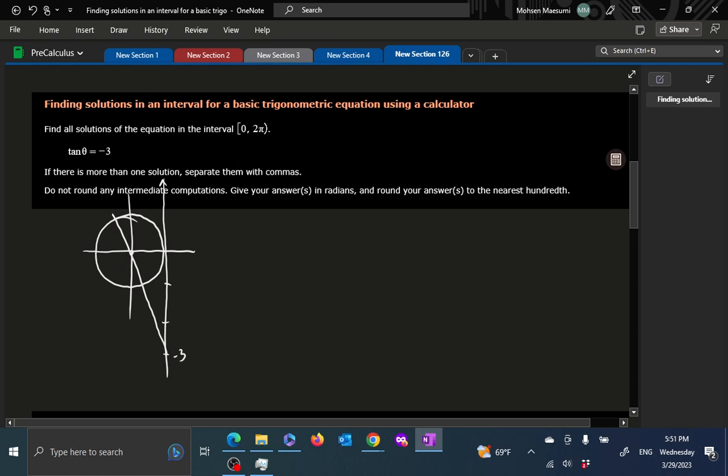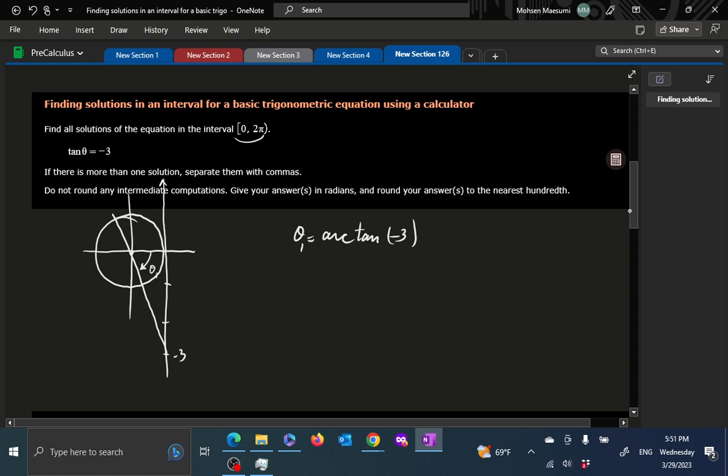Now the important thing is that the calculator is going to give you this by the definition of arctangent. So say theta is equal to arctangent of -3. We are going to get theta 1, that's what the calculator is going to give you. It's going to be a negative quantity. It's not between 0 and 2 pi. It's to the left, really.